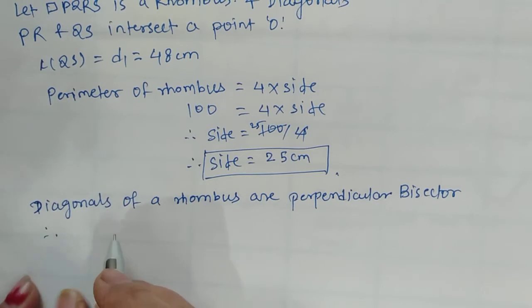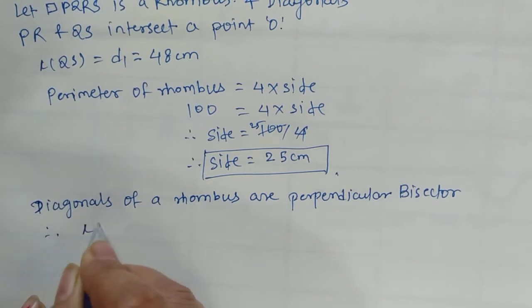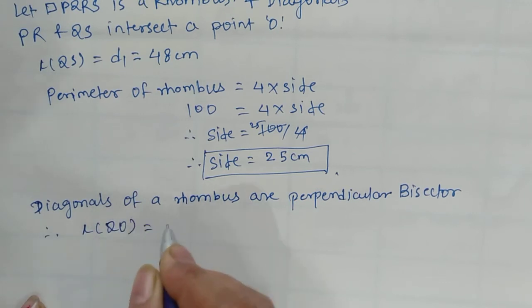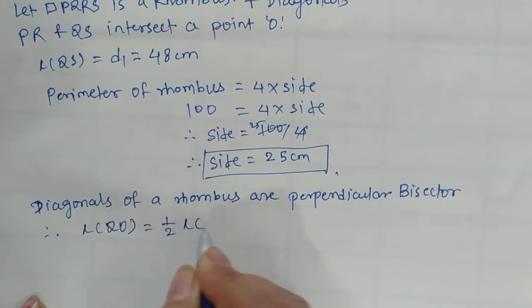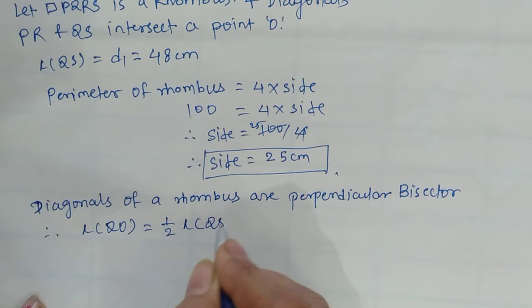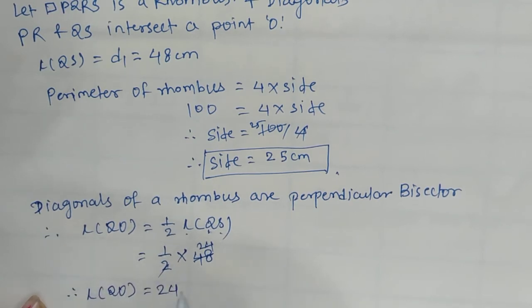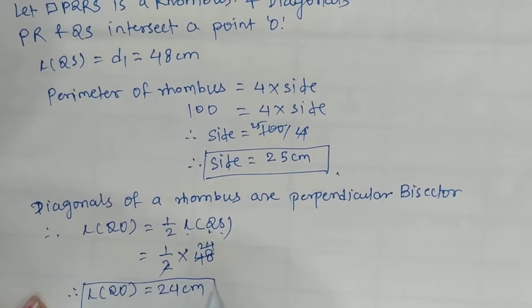Therefore the length of QO is equal to half of the length of QS. Therefore put up the values. Length of QS is 48 centimeter. So it is 24. So therefore length of QO is equal to 24 centimeter.